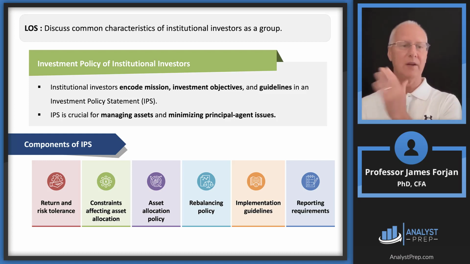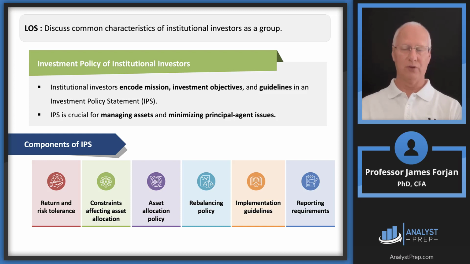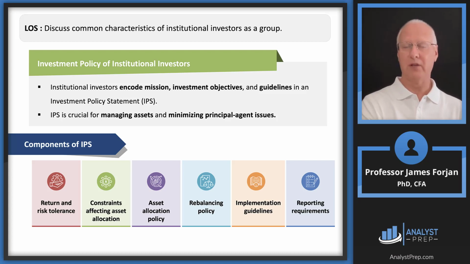If we have a pension fund, what are we doing? We're managing the pension fund so that there's enough capital to pay all of our retired workers. So you've got to link the risk tolerance of those beneficiaries with the possibilities of return out there.